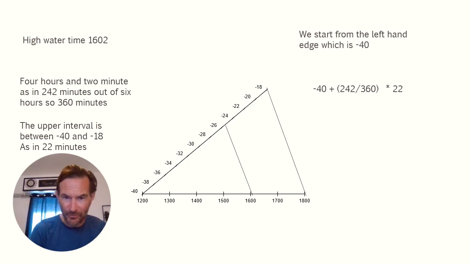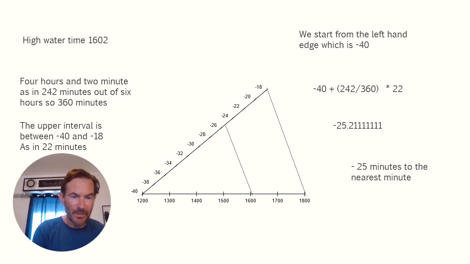That fraction being 242 divided by 360 multiplied by 22. You put that into your calculator and subtract 40, or put it in the memory and add it to minus 40 if you just want to be careful. It will come out as minus 25.2, which is closest to minus 25 minutes, to the nearest minute.